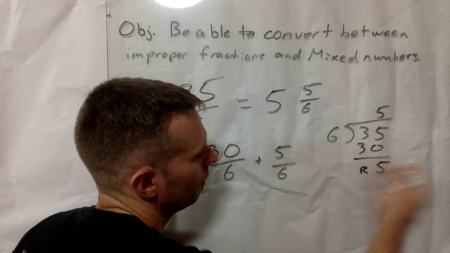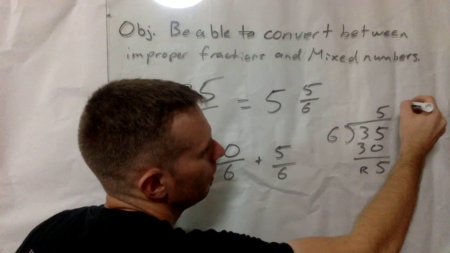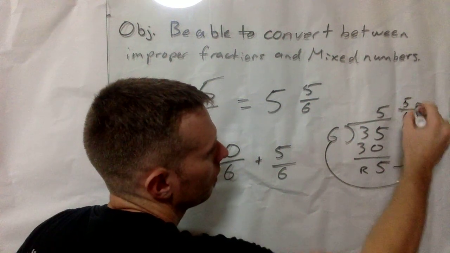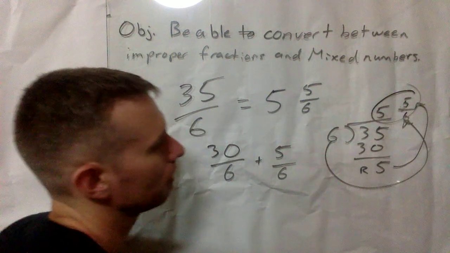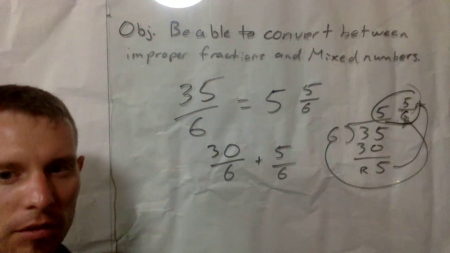You have a remainder of 5, so you can just write the remainder as 5/6. Okay, 5 5/6.